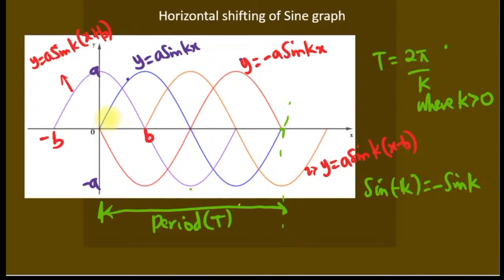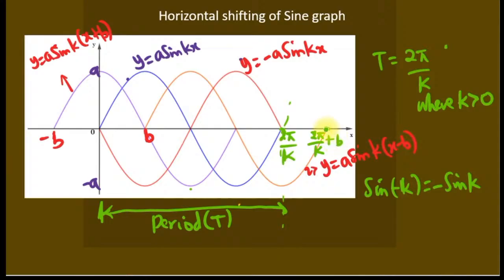And also, since one complete period is 2π over k, I'm saying that here is 2π over k. Why this one? Remember, we shifted this one b units to the right. So the point here will be 2π over k plus b.